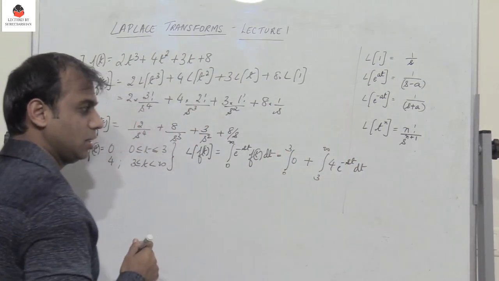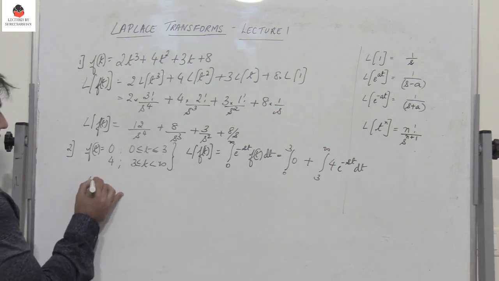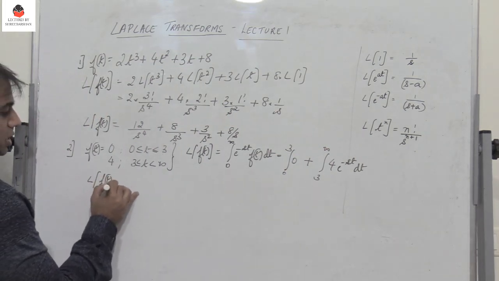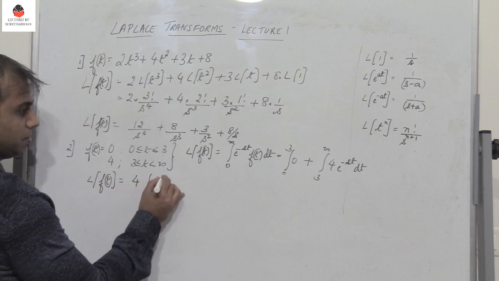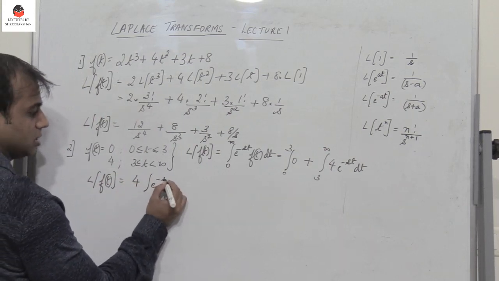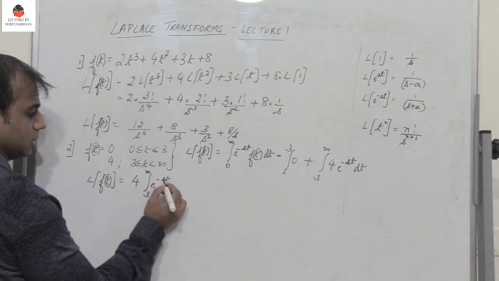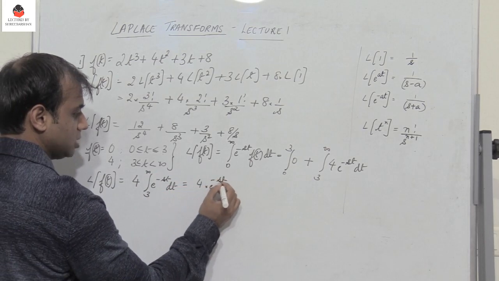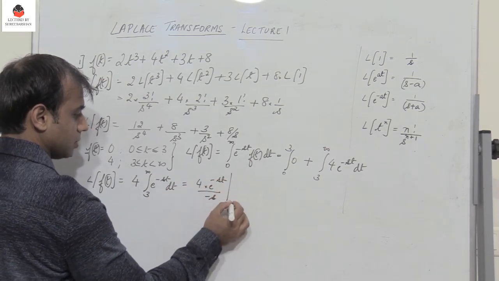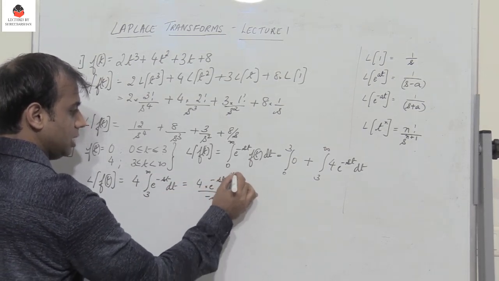So this is of course 0. So you have the Laplace transform of f of t, which is 4 times the integral of e power minus st within the limits 3 to infinity. So this is 4 into e power minus st by minus s varying between 3 and infinity.